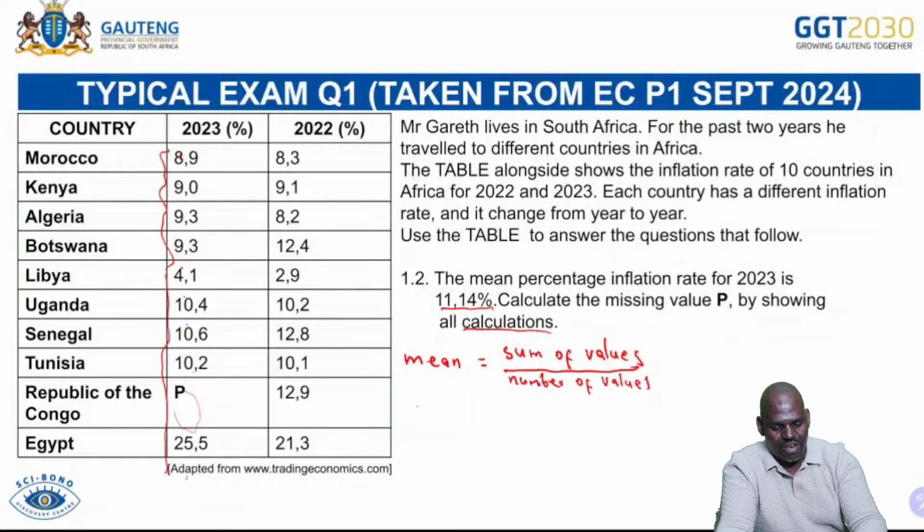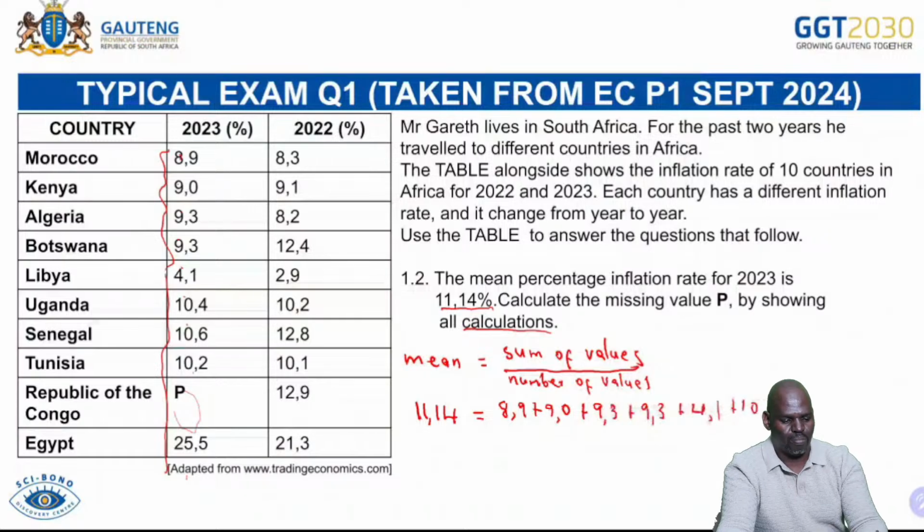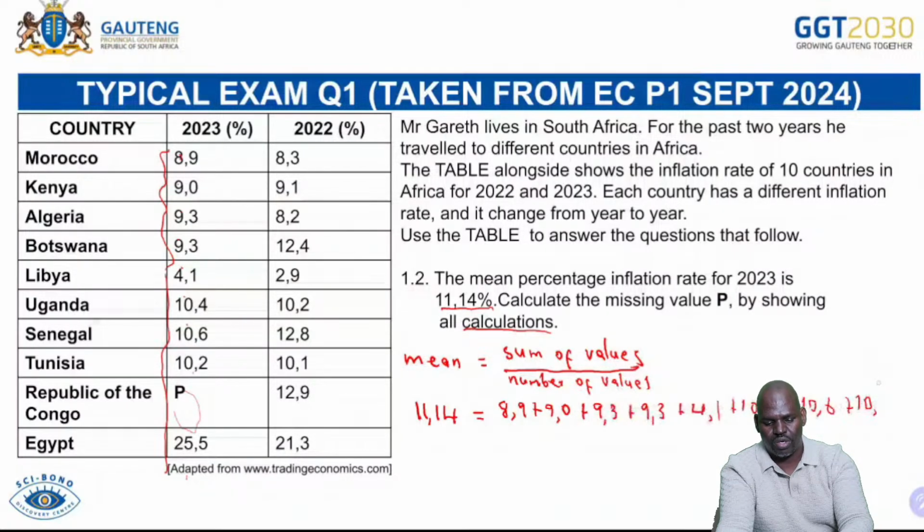I'm going to have 11.14 equals, what are the sums? 8.9 plus 9.0 plus 9.3 plus 9.3 again, and then plus 4.1 plus 10.4 plus 10.6, and then after 10.6 is plus 10.2, and then plus P.